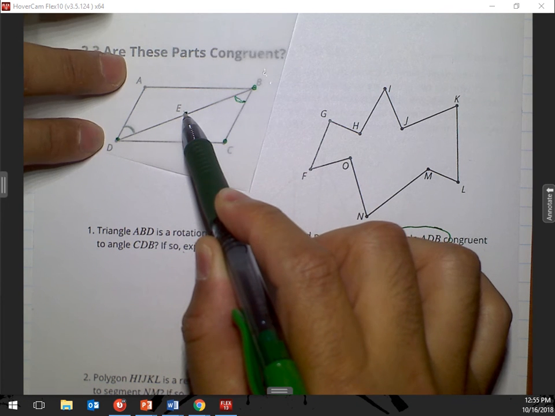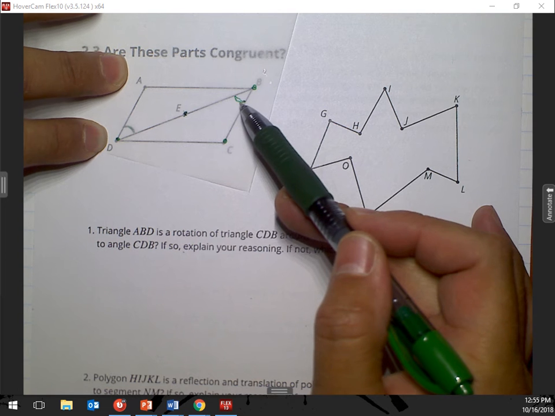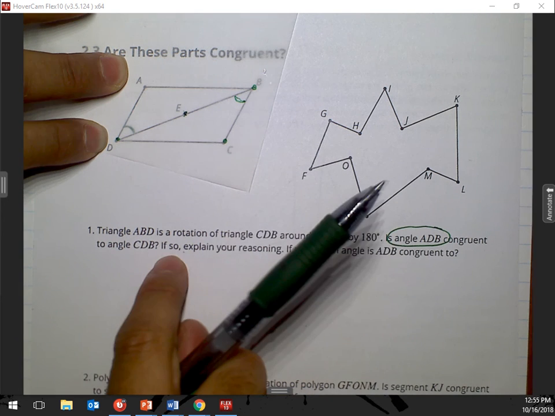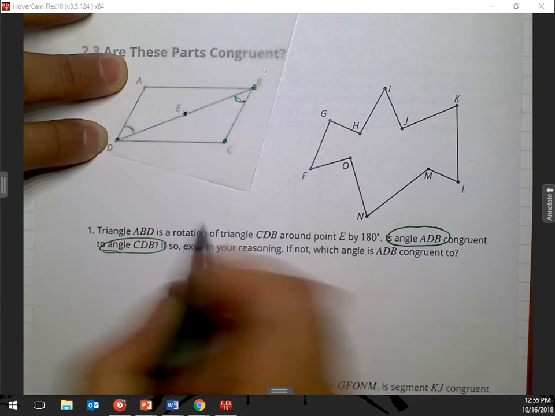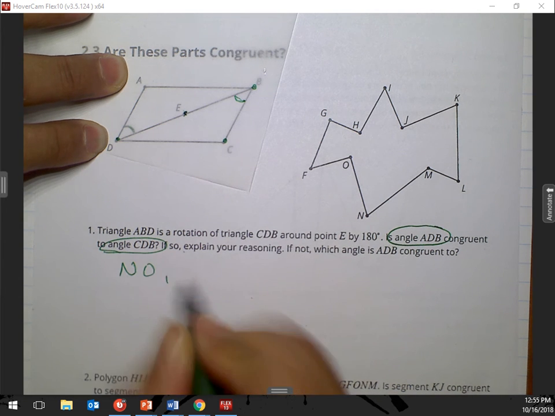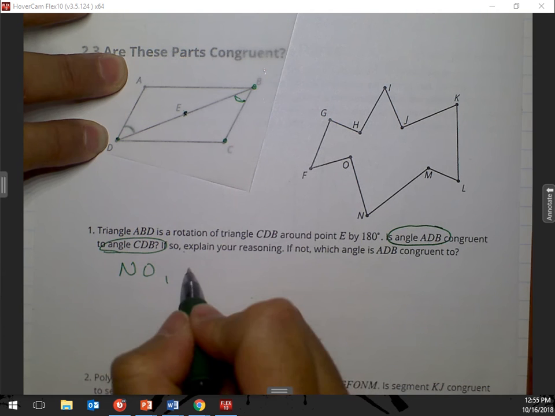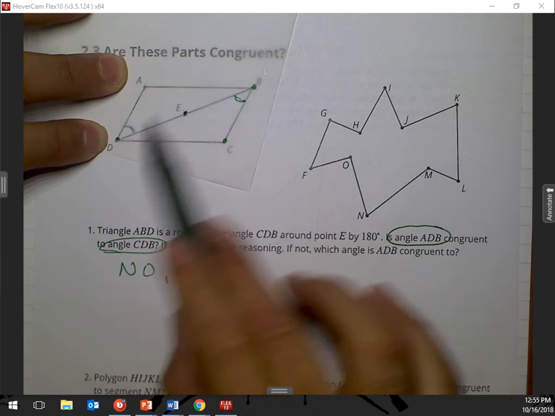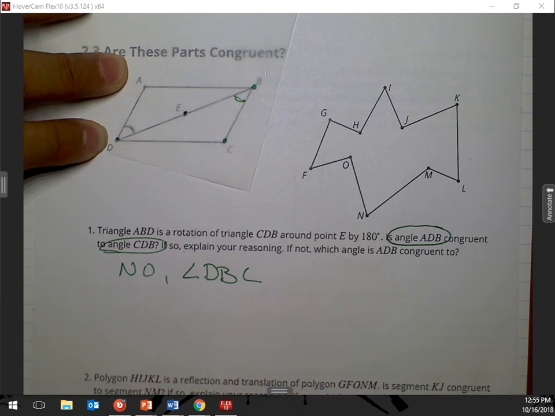Is that the right one? Yeah. Okay, this over here is the right one, right? So my answer is going to be, it's not this one. So this is no. What angle is it supposed to go with? DBC. DBC, very good.